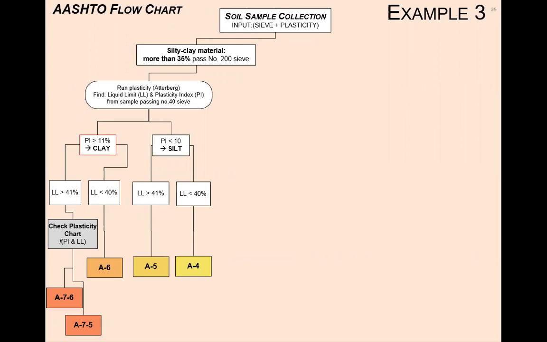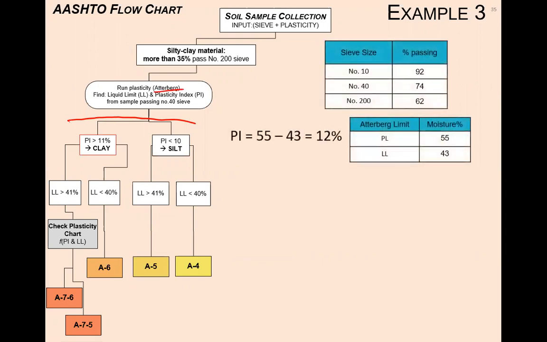And so we look strictly at the Atterberg tests now. So for this, our PI is 12%, 55 minus 43. So our PI is greater than 11%. So that means we follow down here.